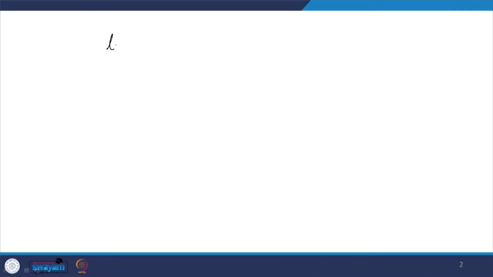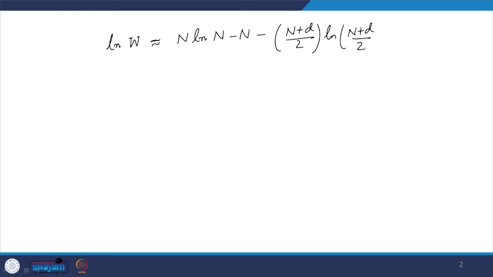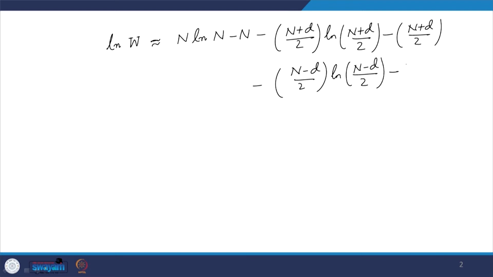So, essentially what we have is ln of W can be approximated as N ln N minus N minus (N plus d)/2 ln (N plus d)/2 minus (N plus d)/2 minus (N minus d)/2 ln (N minus d)/2 minus (N minus d)/2.